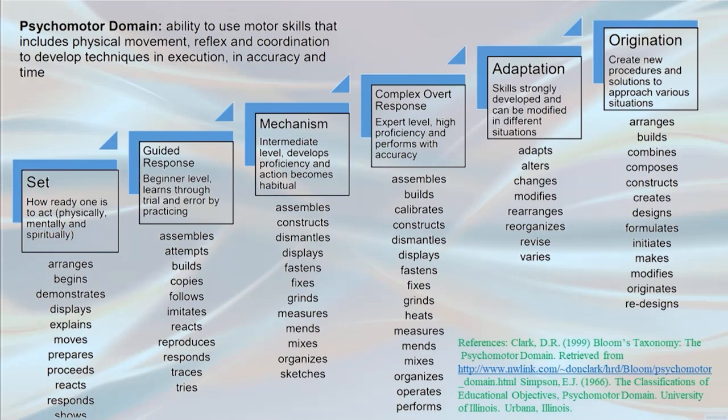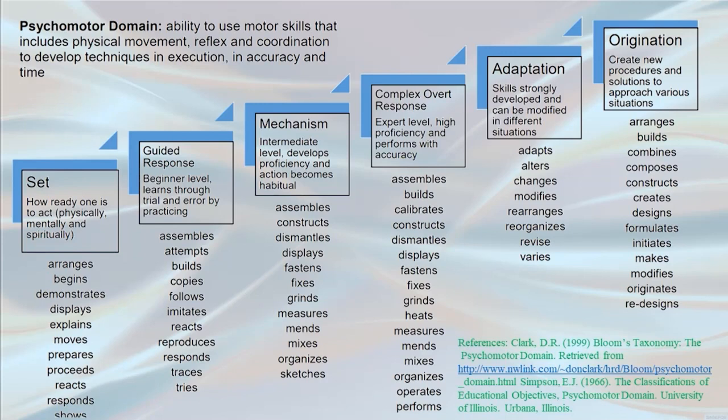The next level is mechanism, which is an intermediate level, and the learner develops proficiency and action becomes kind of habitual. For example, cognitive rehearsal of a physical task or performing gross motor movements.